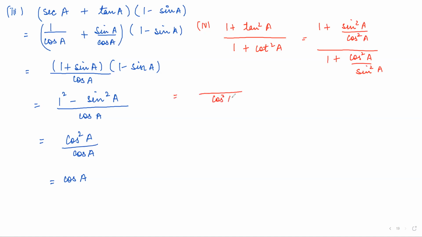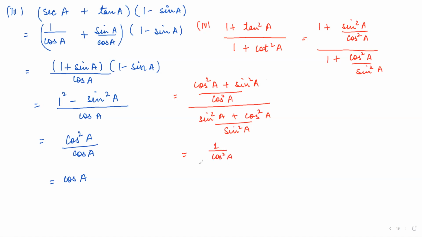So cos square A, and then you have cos square A plus sine square A. And similarly in the denominator, the LCM is sine square A, and then you get sine square A plus cos square A, right? Okay. Now cos square A plus sine square A becomes 1. So 1 upon cos square A divided by 1 upon sine square A, right?